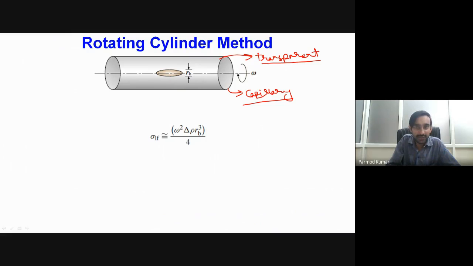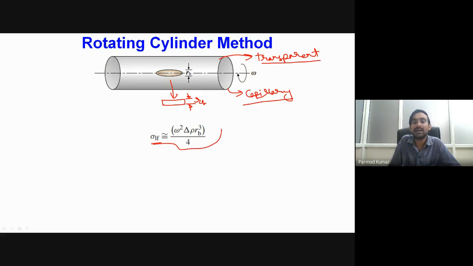So we consider this bubble equivalent to some cylinder, and we consider that the cylinder has a dimension equivalent to RB. Now if we consider this elongated bubble as identical to a cylindrical profile, and if we minimize the kinetic energies and the surface energies, we will finally find that our surface tension is related to the rotation of the capillary as omega square into delta rho into RB cube divided by 4.